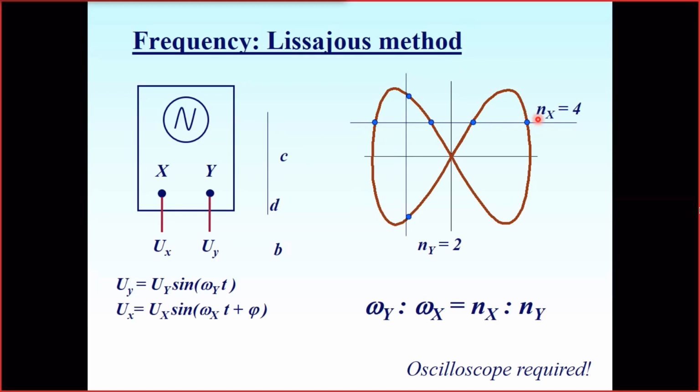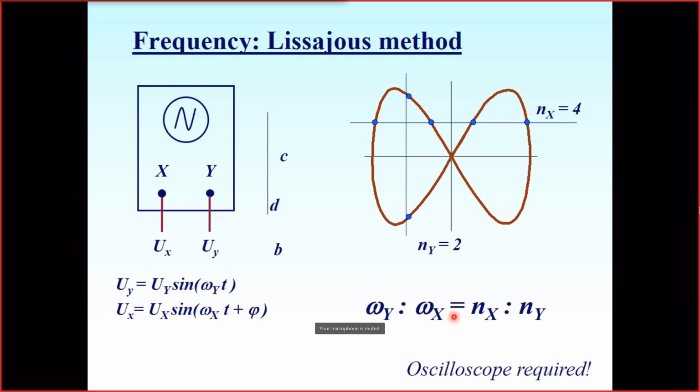Here we have 4 crossings in the x direction and only 2 crossings in the y direction. Why do I say maximal? Because we may find two lines, for instance this line where we have only 3 horizontal crossings, and this line with only 1 horizontal crossing. But we have to find the lines with the maximal crossing.